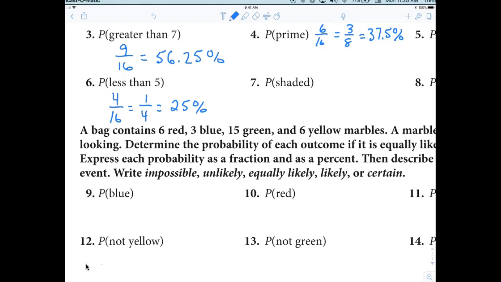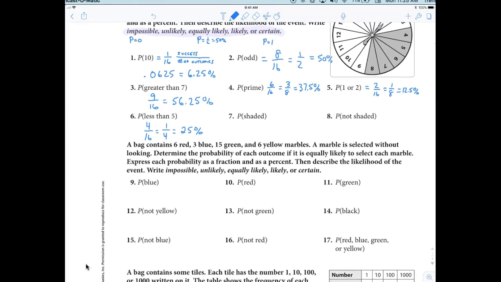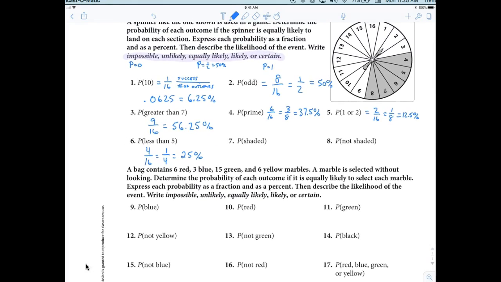All right, so let's find the probability that we are shaded. All right, Julian, you're up. Tell me, how many are shaded? 2 out of 16. Where are you getting 2?